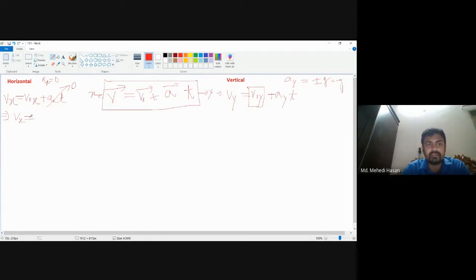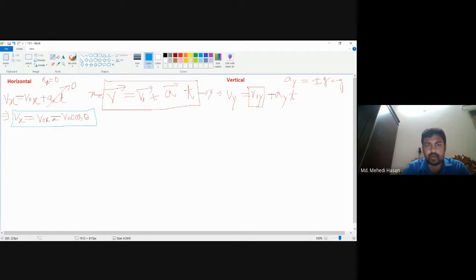Okay, so then vx will be v naught x. Okay, and you can say it's also equal to v naught cos theta. So this is the first equation in horizontal case. Using this equation, you will get the x component of the velocity at any point, at any time.